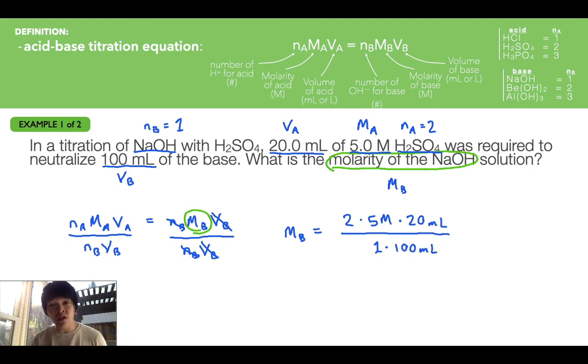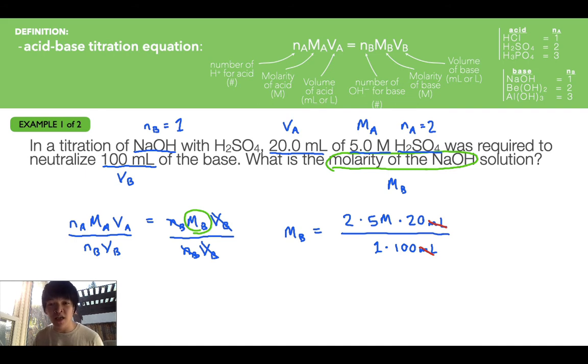After you have plugged in the numbers, you should cancel out any units that appear twice on the top and the bottom. So we can cancel out milliliters. Now that milliliters is gone, we're only left with molar, a unit of concentration. And that makes sense because we are trying to get a unit of concentration.